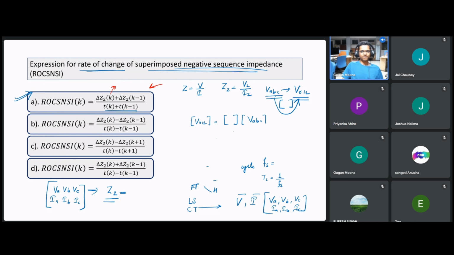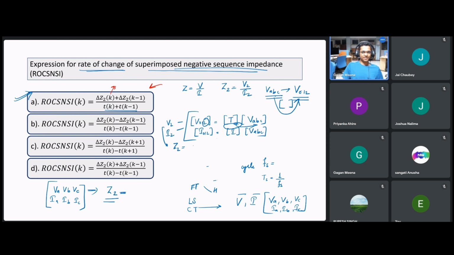This transformation matrix into VABC. Similarly, current also. If we simply want this, we can directly multiply it with one row of this. So now from this we have both negative sequence voltage and negative sequence current.